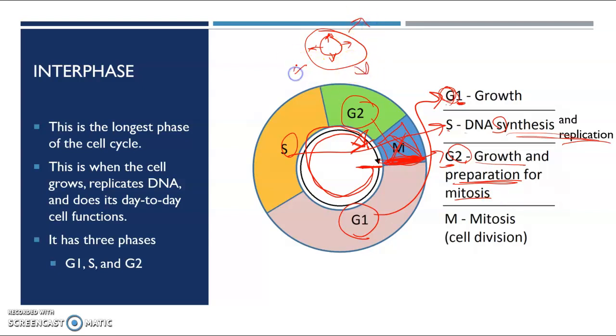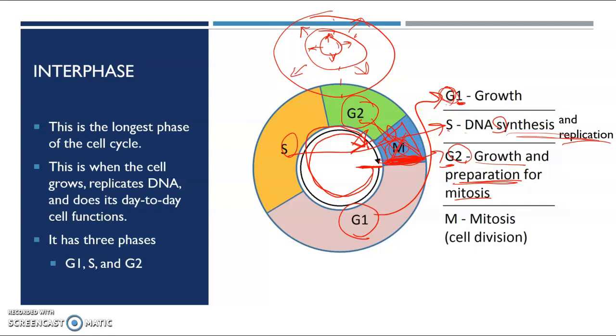The reason it has to get bigger is because it's going to need to be able to split in half in mitosis. Because if you look, we leave G2 and we go into mitosis. So the cell has to grow and get ready for mitosis because that's the next thing that's going to happen.